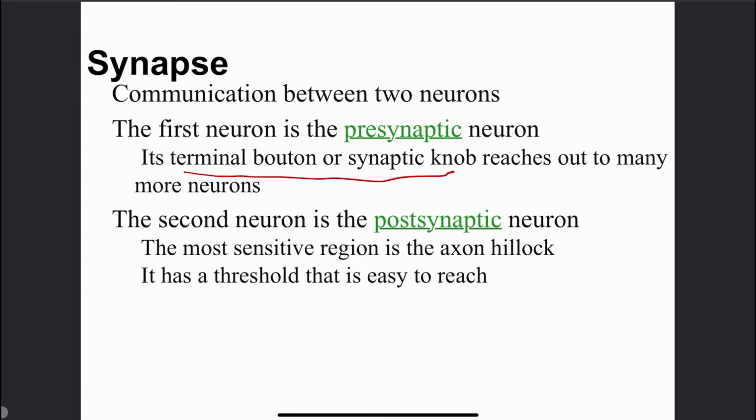They're also known as synaptic terminals, and they're going to impact a second neuron at its cell body or dendrites. And if it impacts enough, if it reaches threshold at the axon hillock, then it will cause an action potential in that second postsynaptic neuron.